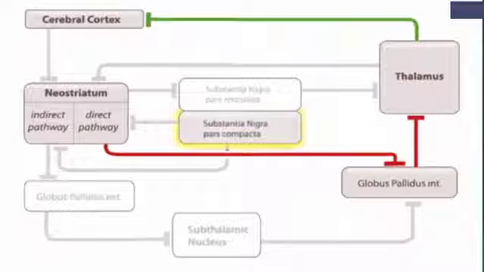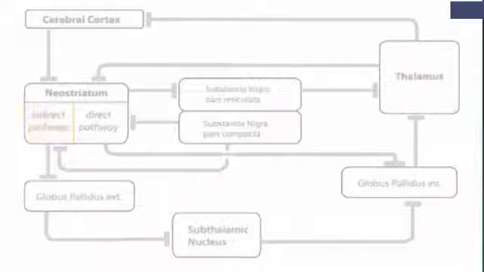The substantia nigra pars compacta sends signals to the striatum. These neurons produce dopamine, which acts on D1 receptors in the direct pathway. That is an excitatory signal, so the substantia nigra stimulates the direct pathway and facilitates movement. There's also an indirect pathway from the neostriatum to the internal globus pallidus that goes through 2 other sites: the external globus pallidus and the subthalamic nucleus.